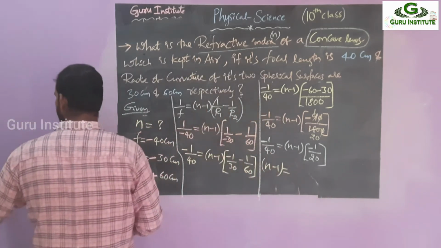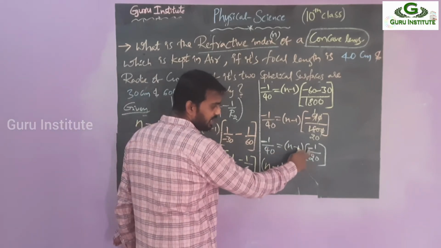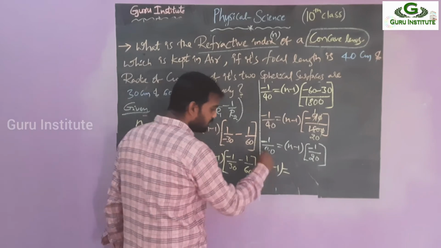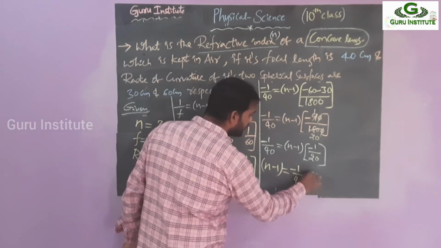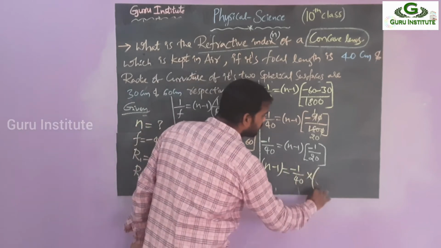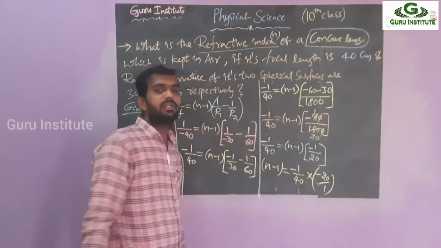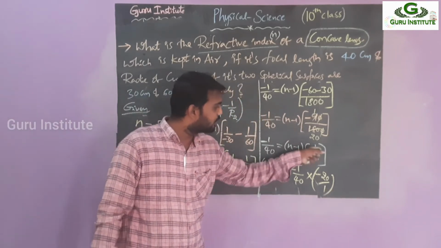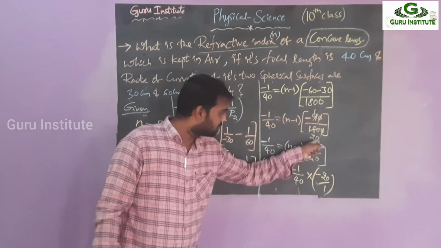Simply see here, n minus 1 here is multiplied, this is coming to here, what happened? Division. So minus 1 by 40 into minus 20 by 1. Numerator becomes denominator, or otherwise simply n minus 1 into 1, n minus 1. Okay, here 20 is the denominator, coming to here as numerator, by 1 by 1.